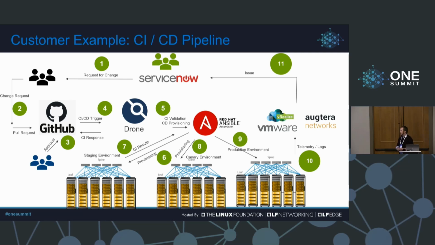And the way that interaction happens is by an engineer, once they've created those changes, pushing that to a specific branch within your Git repository. That will trigger step 4 here, that CI/CD trigger, to kick off Drone. In this case, we're utilizing Drone to kick off the CI/CD process.